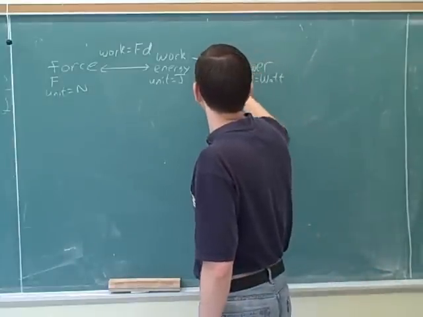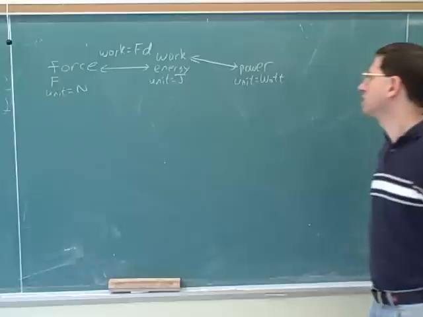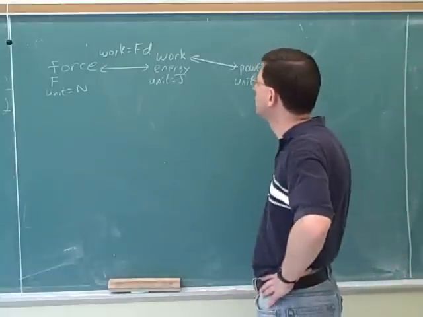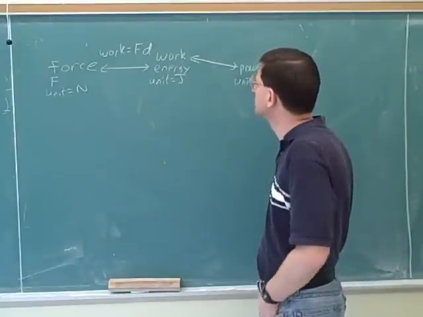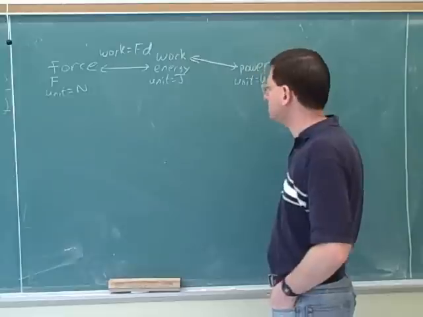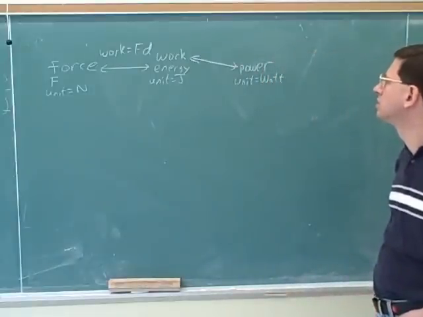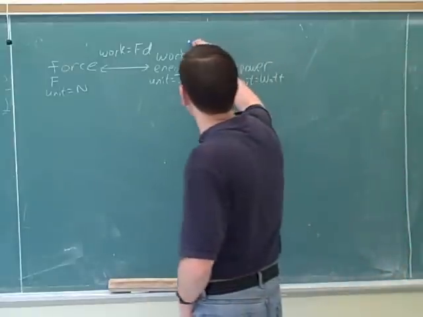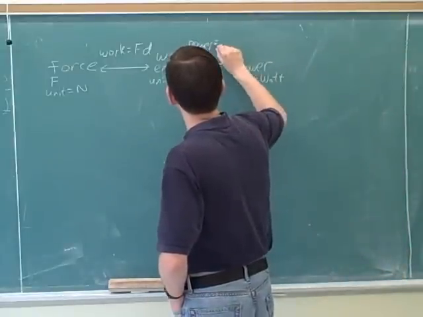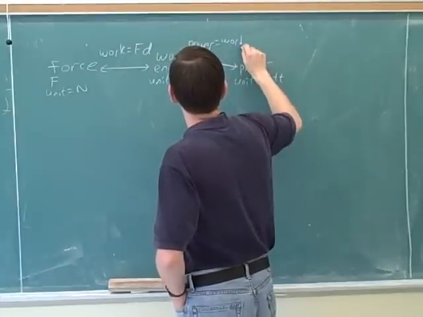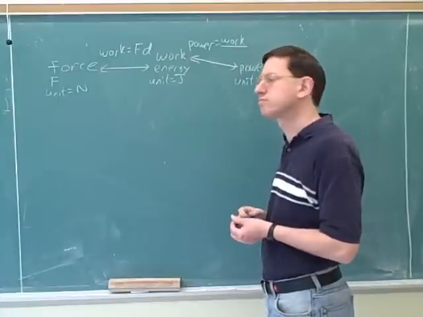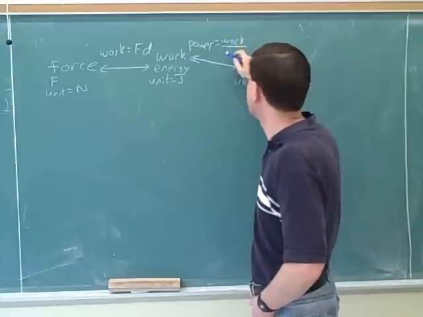Now we need an equation that relates the work and the power. So power equals work over seconds or something. Now what concept is measured in seconds? Time. So to be consistent, we should be working with concepts here and not units.